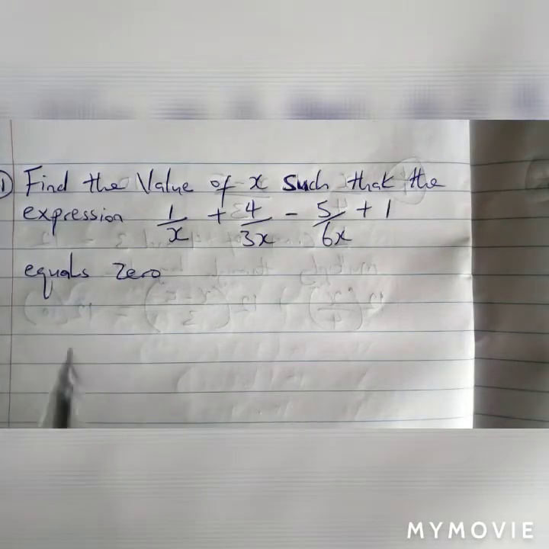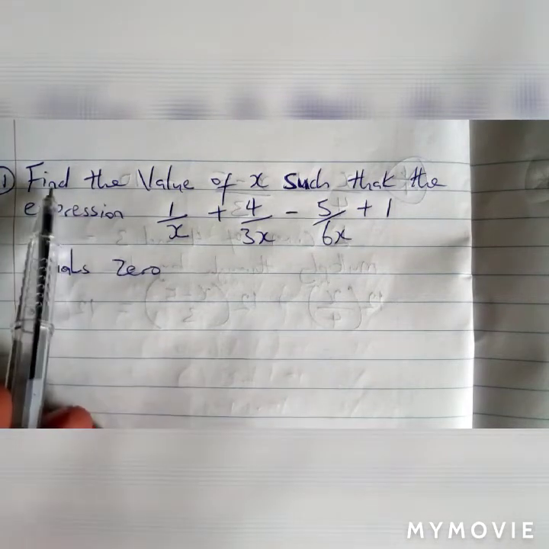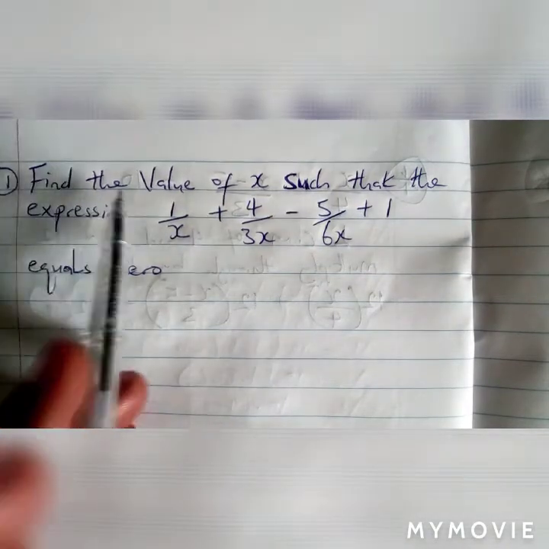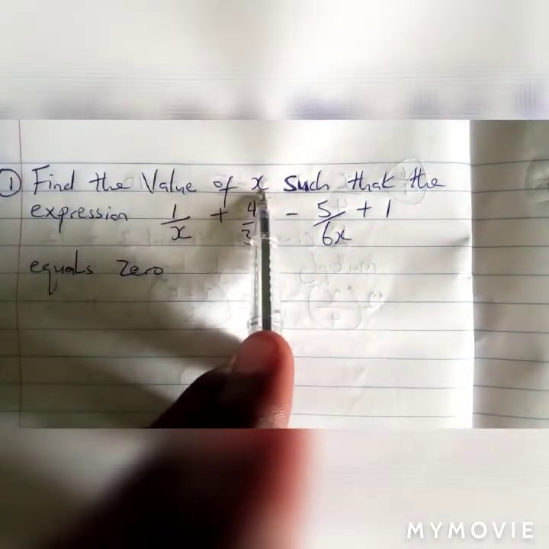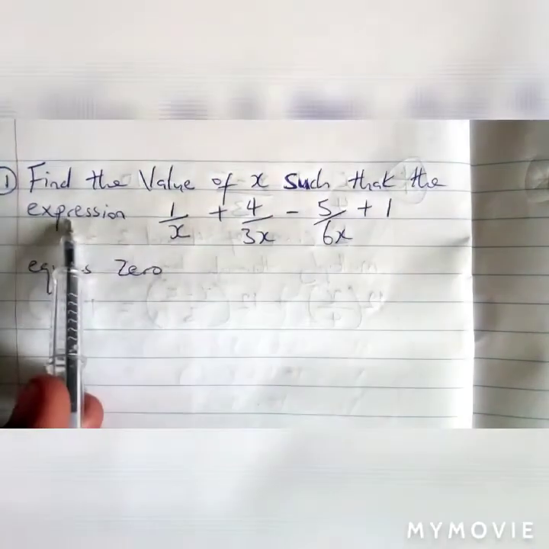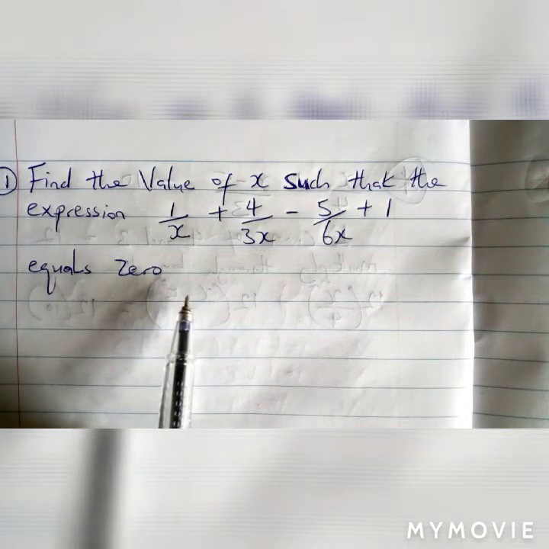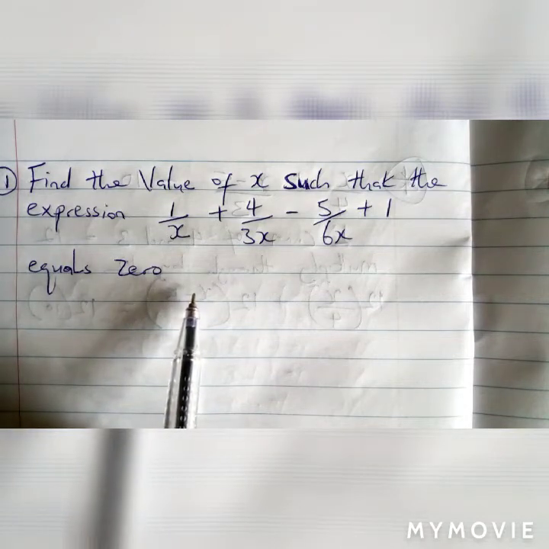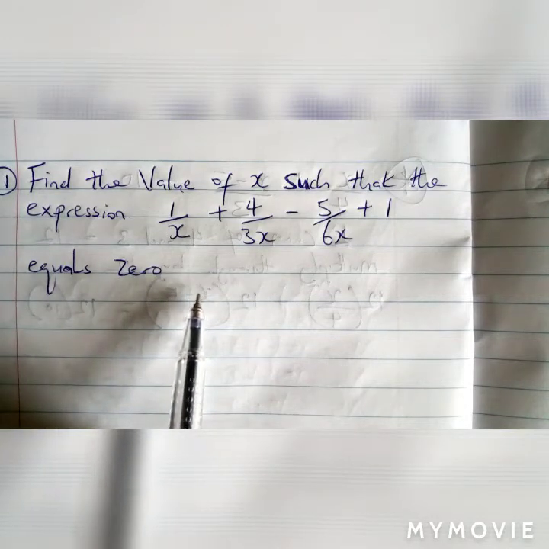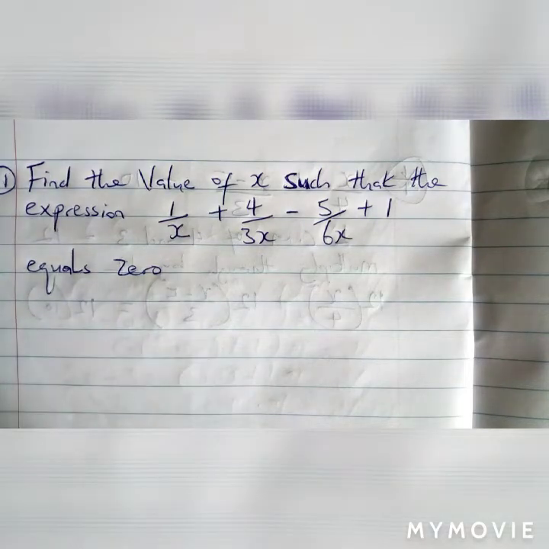Alright, we have another problem here. We are asked to find the value of x such that the expression 1 over x plus 4 over 3x minus 5 over 6x plus 1 equals 0.